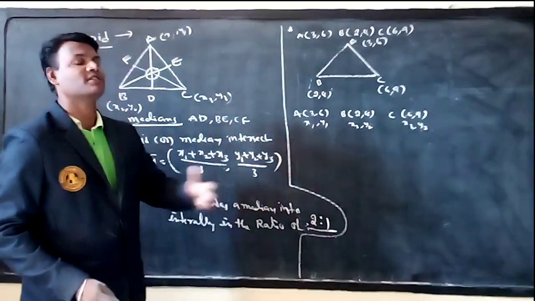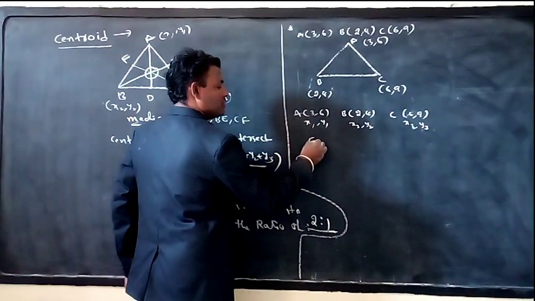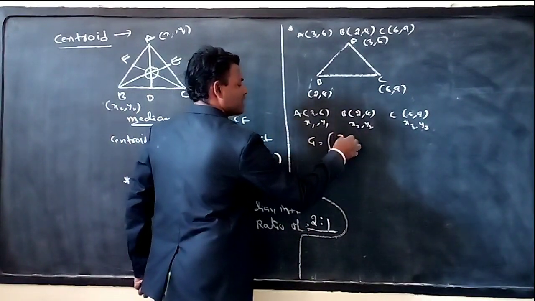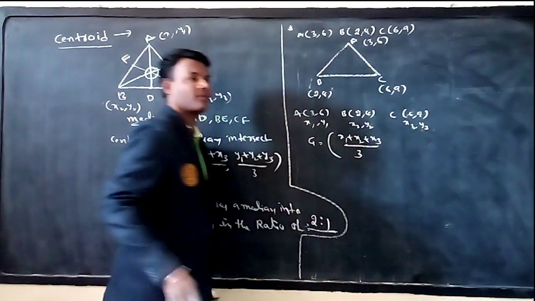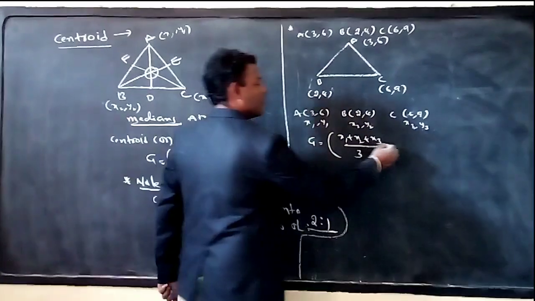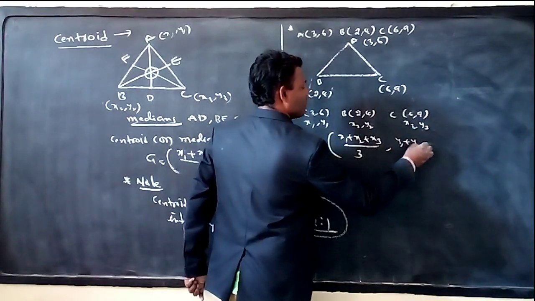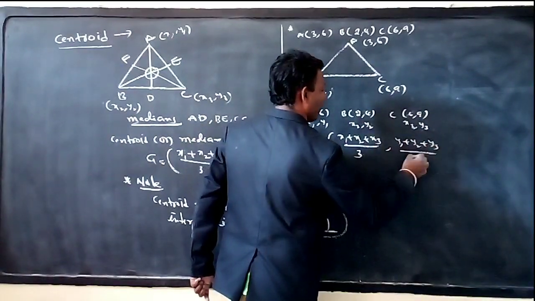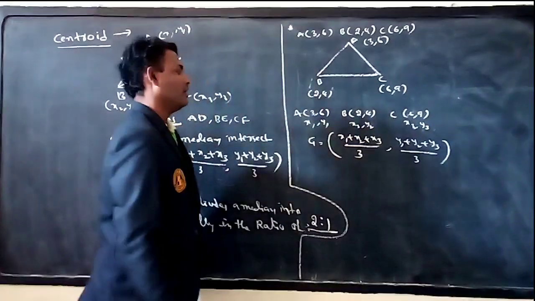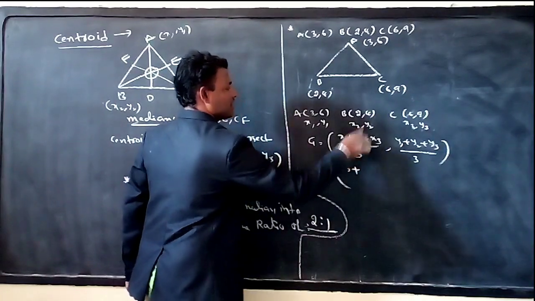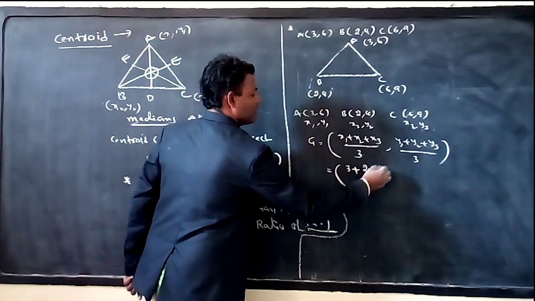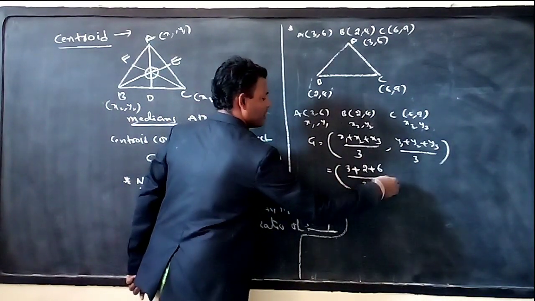What is the formula to find the centroid? G is equal to (x1 plus x2 plus x3) by 3 comma (y1 plus y2 plus y3) by 3. x1 means 3 plus x2 means 2 plus x3 means 6, by 3.